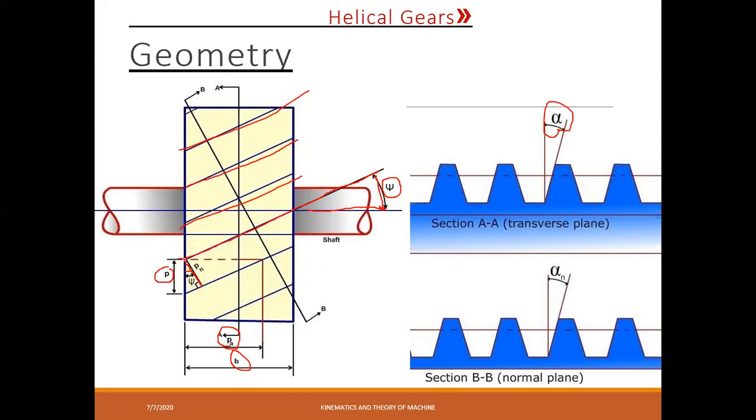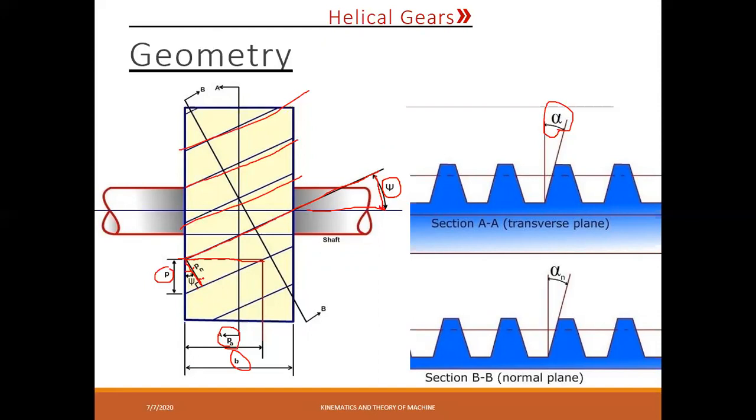Now we have this length PA. This is the PA, right? And this PA is the hypotenuse of this triangle. This angle is the psi, right? So this angle must be 90 minus psi.